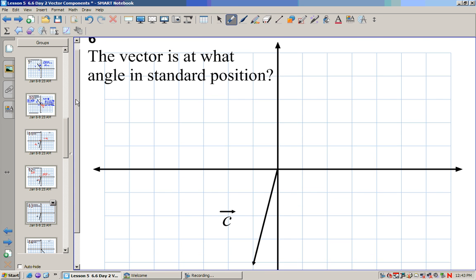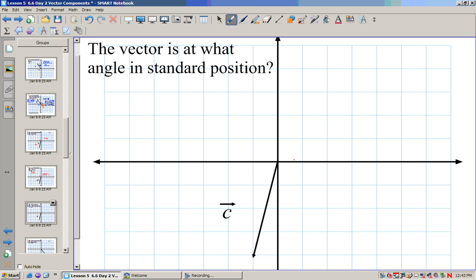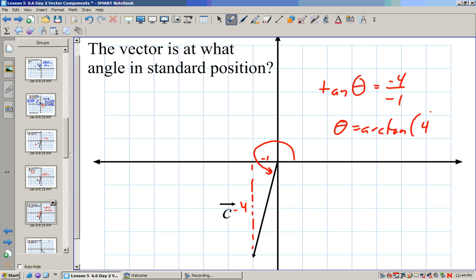What is the angle of the vector in standard position? This is the angle we're looking for. So this is going to be 4, negative 1. So the tangent of theta is going to be negative 4 over negative 1, which I just take the arctan of 4, which is the inverse tan, which is 75.96 plus 180n.